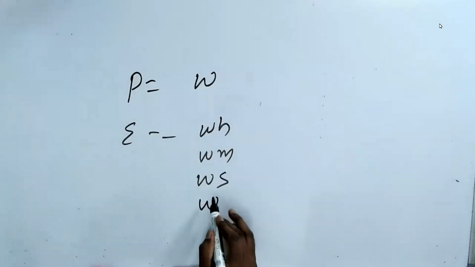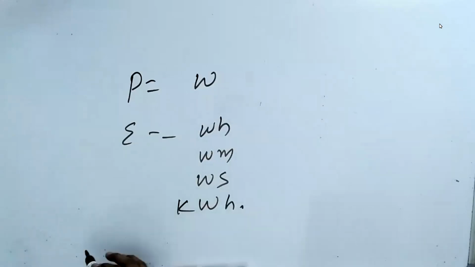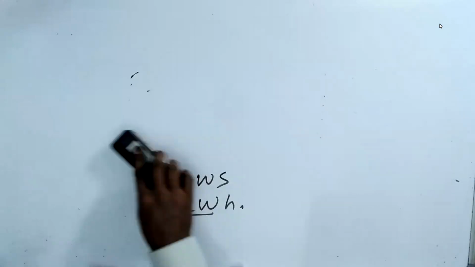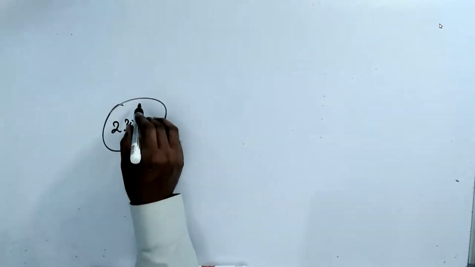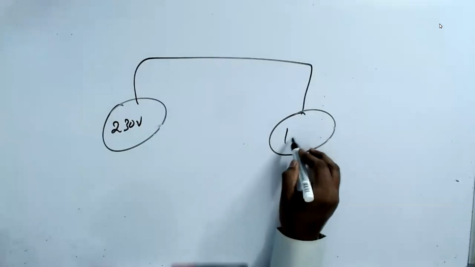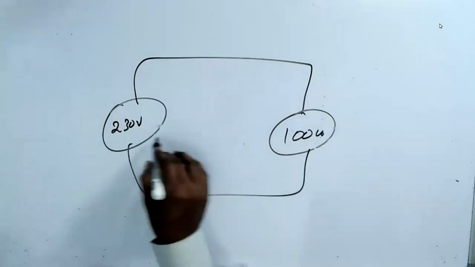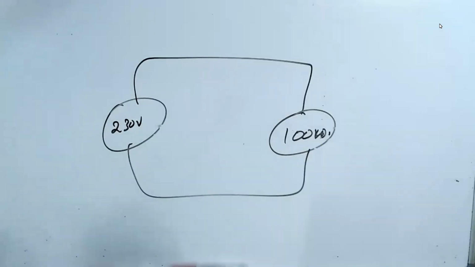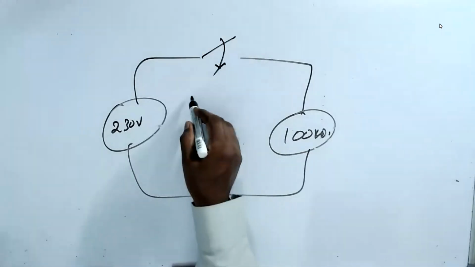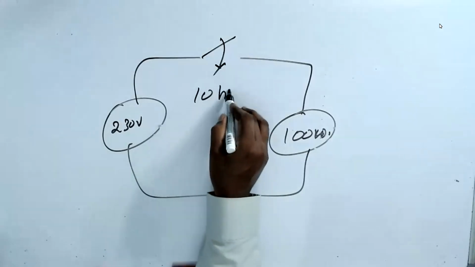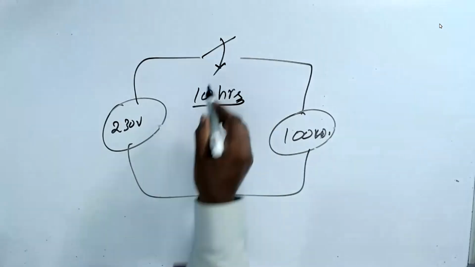For example, I have a circuit. I apply 230 volts. I connect a bulb of 100 watts, and I switch it on for, let's say, 10 hours.